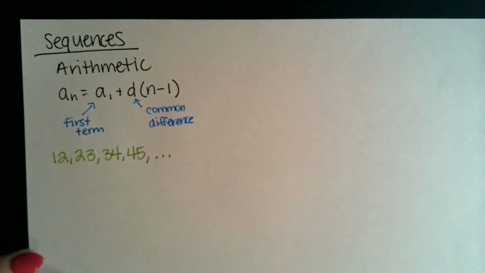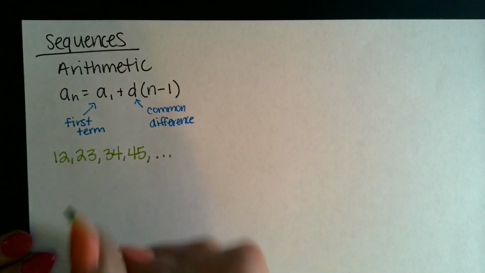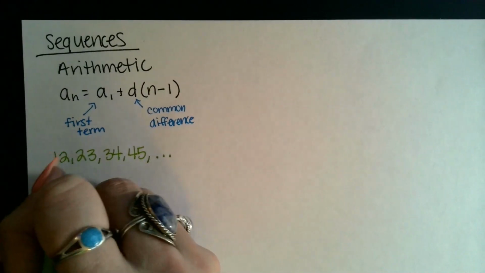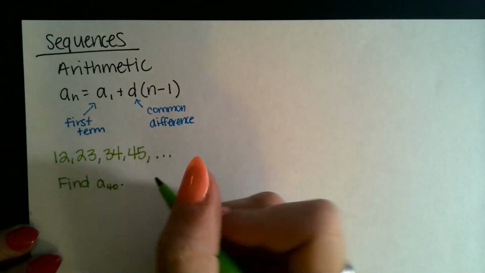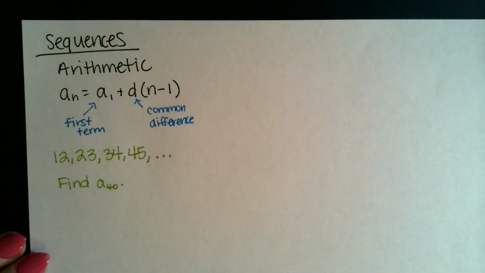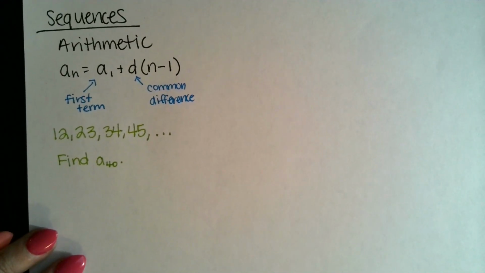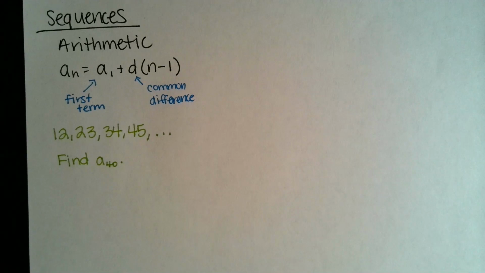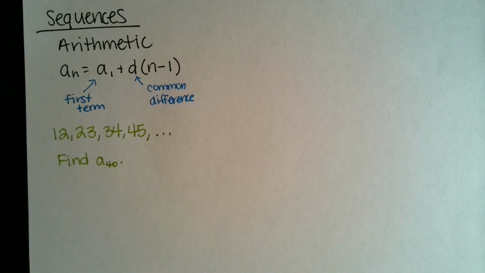I've given you an arithmetic sequence, 12, 23, 34, 45, and so on. We are going to find a sub 40. That notation, a sub 40, means we are looking for the 40th term. We are going to use the explicit formula and plug values into it to find the 40th term.